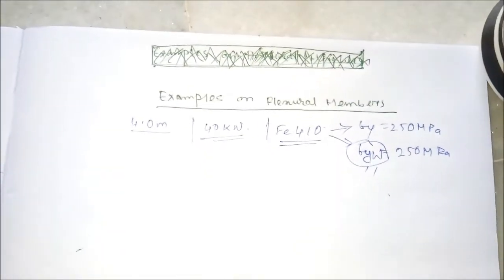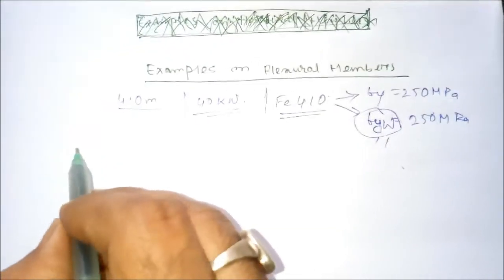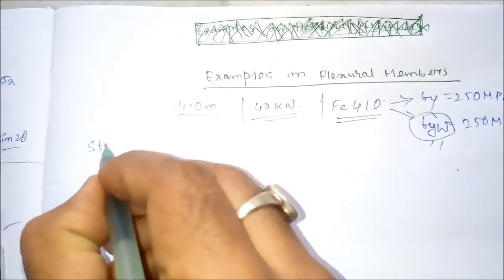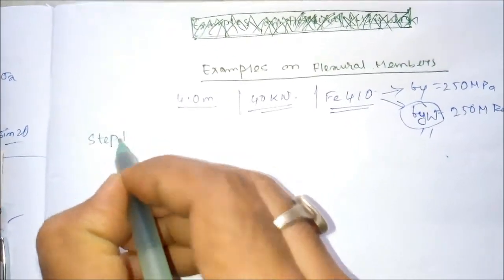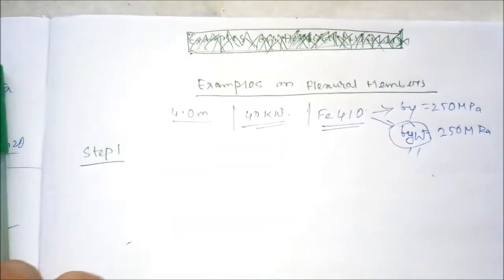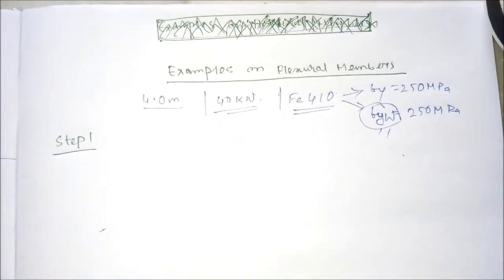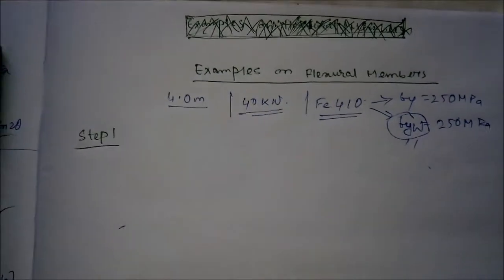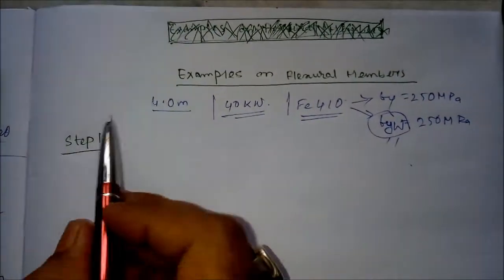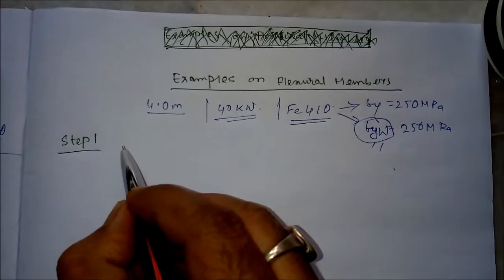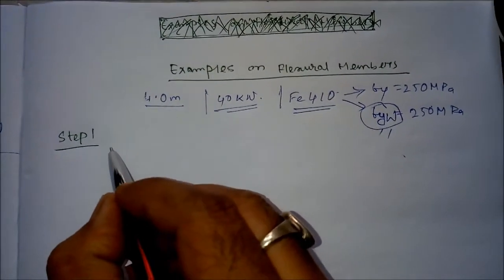Now take the first step, that is step number 1. In step 1, we can find out the load, moment and shear force, that is, maximum bending moment and maximum shear force, right? So what is the load given?